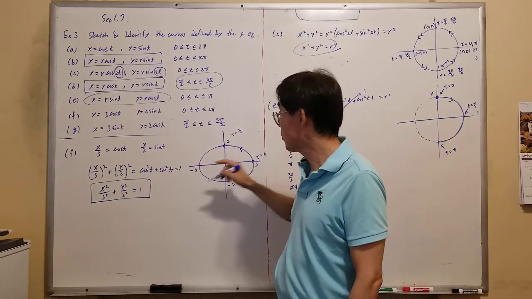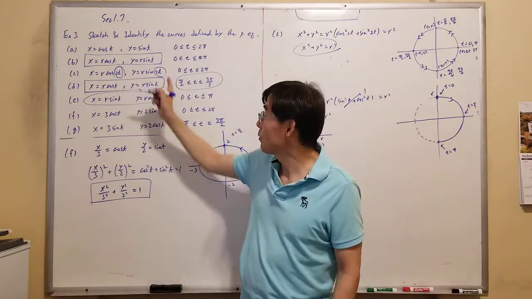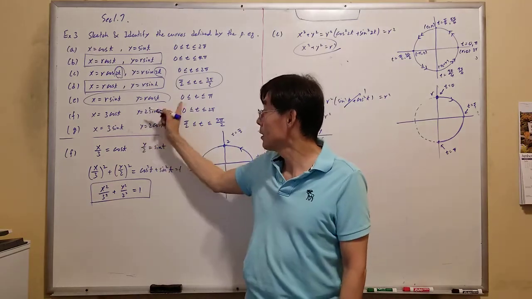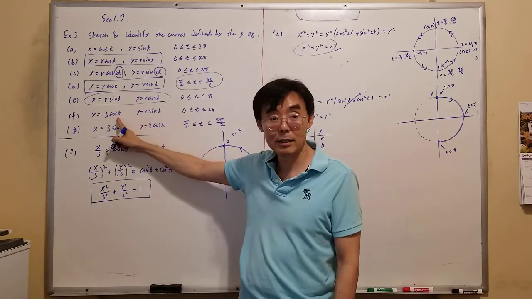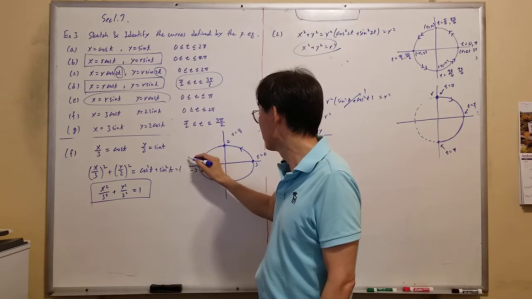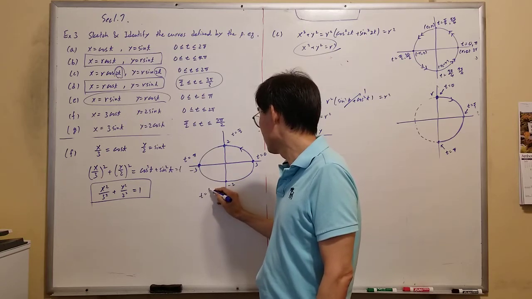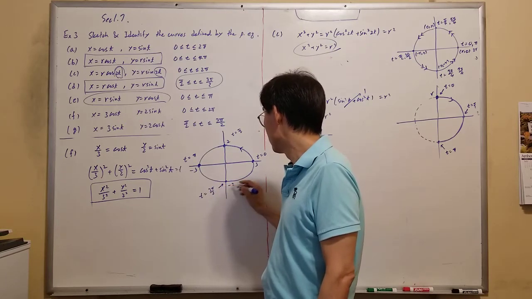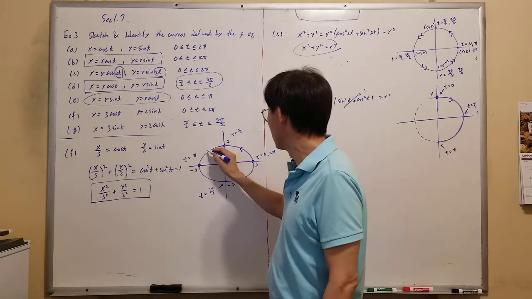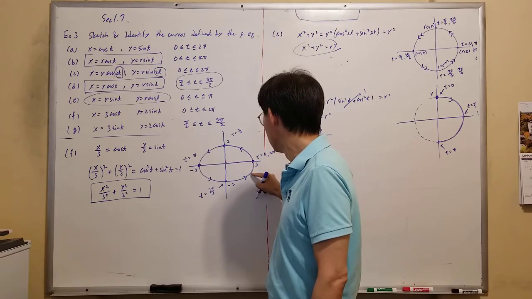Going counterclockwise, just like a circle when you have cosine for x, sine for y. And then when t equals pi, here, minus 3, 0 over here. And t equals 3 pi over 2, and then 2 pi, going this way.